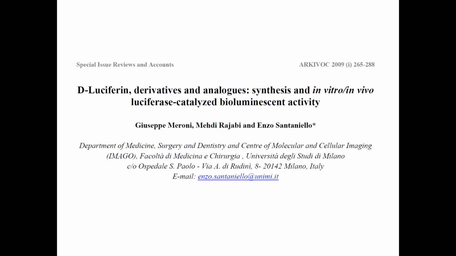I'm using this method to study the synthesis of the luciferin. As I told you before, there are a lot of varieties of luciferin, but we are restricting our discussion only to the analog that is present in the firefly. That's why we usually refer to it as firefly luciferin.